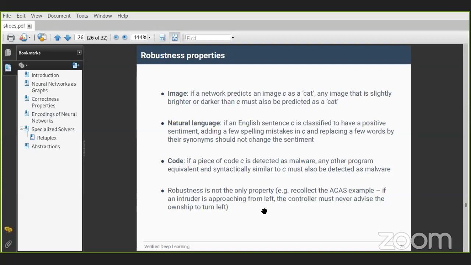Then you may be able to verify something more sophisticated, more expressive than just quantifier-free SMT logic. So maybe you could explore that in your project.